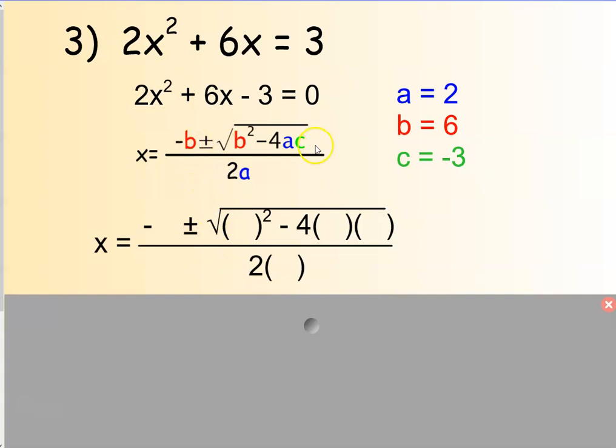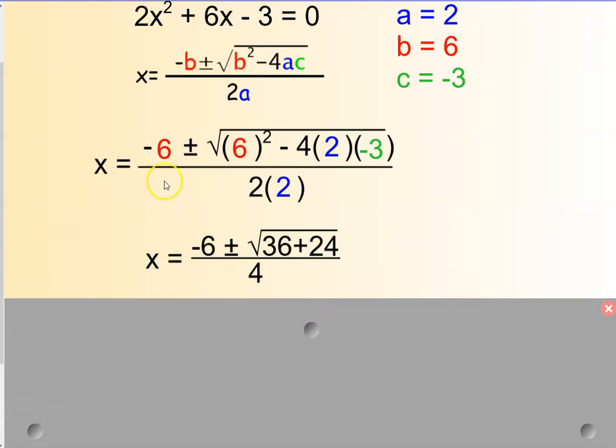I just need to plug in B. B is 6, so this becomes -6 plus or minus the square root of 6 squared minus 4 times A times C all over 2A. If you haven't worked further than this, pause the video and work a little further, see what you can do on your own.